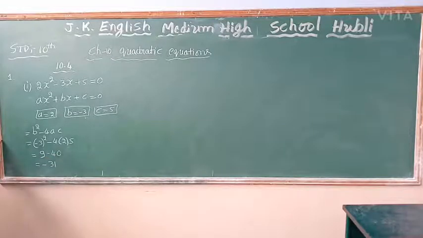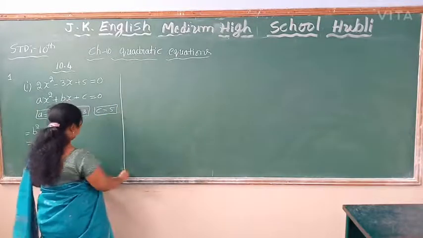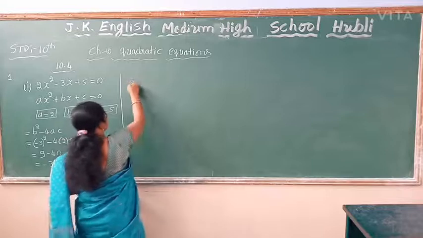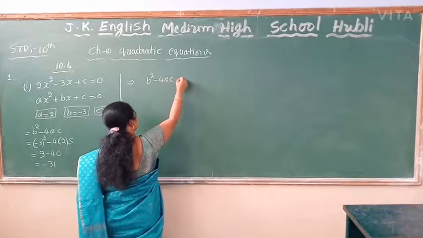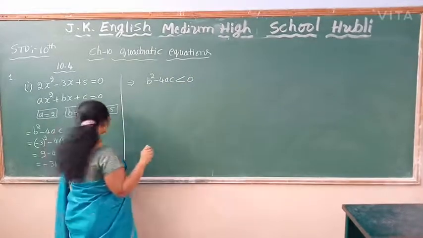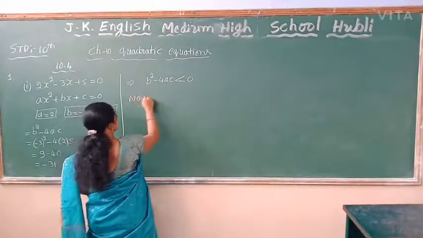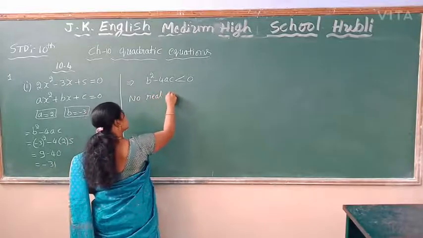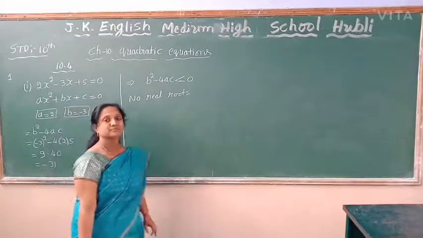The value of b square minus 4ac is less than 0, which means I got a negative value. Then no real roots exist. If there are no real roots, then there is no need to find the roots.